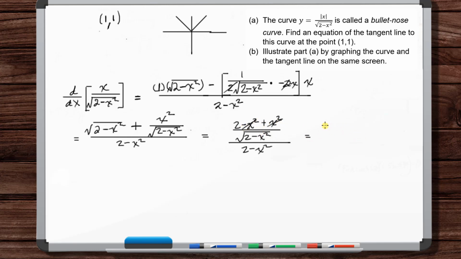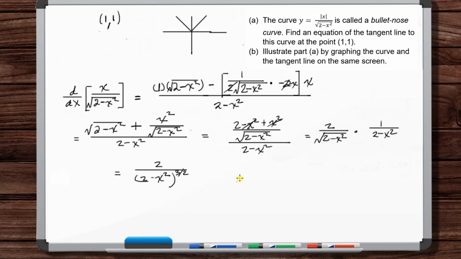So what do we have? We've got 2 over root of 2 minus x squared times 1 over 2 minus x squared. We can combine: this is 2 minus x squared to the first, this is 2 minus x squared to the 1/2, so we've got 2 minus x squared to the 1/2 plus 1, which is 3/2.